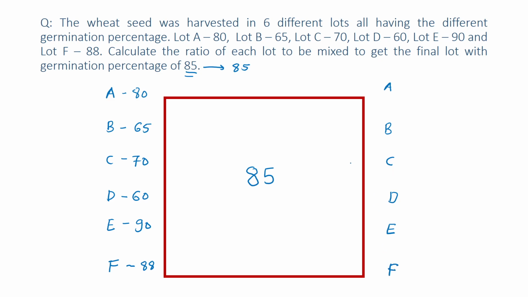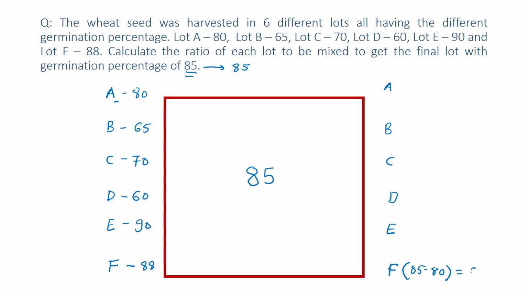Now again we have to use the diagonal rule, but here it is somewhat tricky to use that rule. So you should be really focusing on where the diagonal is going. So if we consider for A, see where the diagonal will go, it goes to F. So what will be the value of F? It will be 85 minus 80. Again subtracting the smaller from the greater.